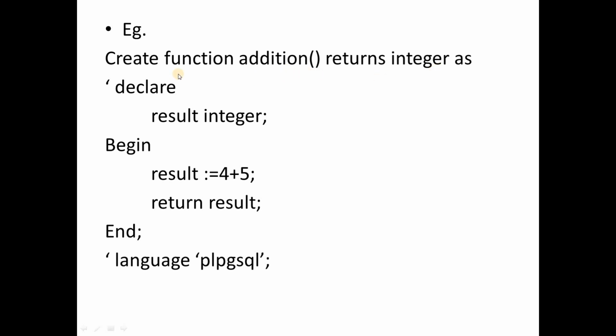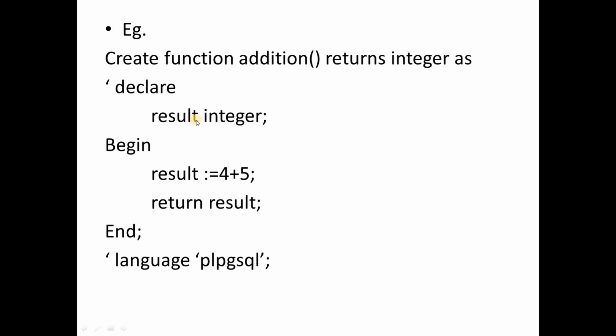After that, your opening apostrophe, then the declare section is here, and in this declaration section I declare a variable result, which stores the addition result of the two numbers. When we add two numbers, some result is generated, and that particular result is stored in this result variable.